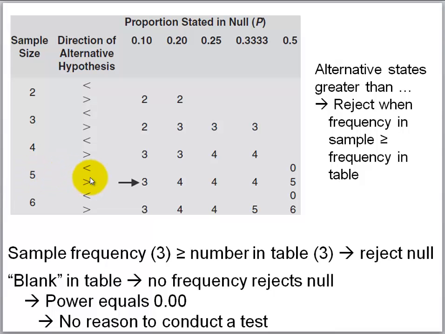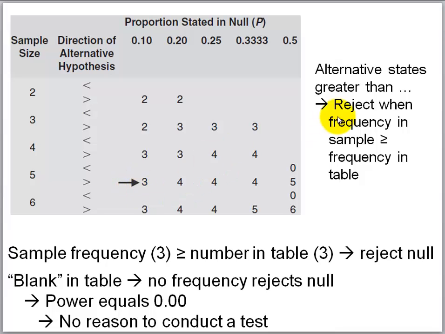The second column states the direction stated in the alternative. So in our example, the alternative states greater than. So the number in the table that's of interest to us is the number for proportion 0.10, sample size 5, alternative stating greater than.